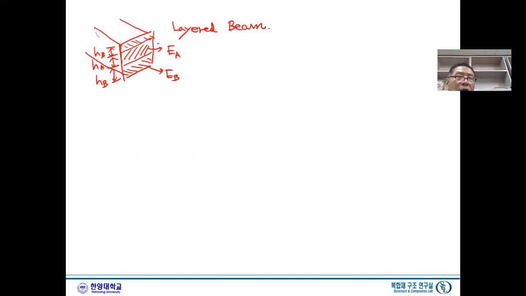So let's consider this 3-layer beam with HA, HB and HB. This is a kind of special case, but the point is that we consider a layered beam. This is a very important case for the beam theory.